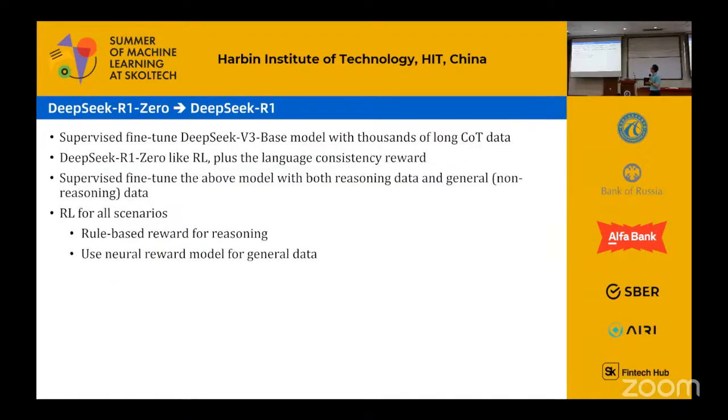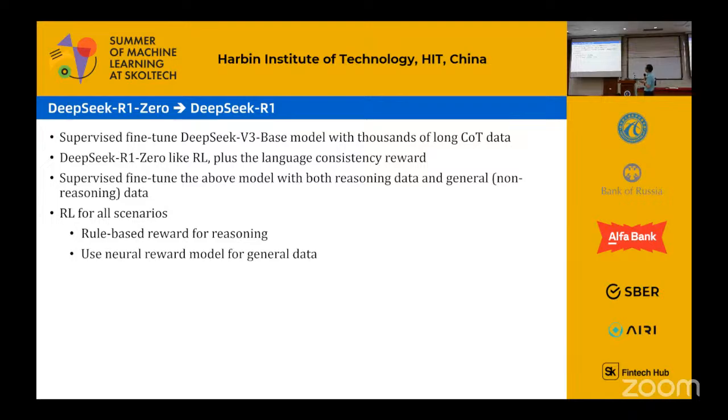Okay. So from DeepSeek R1-Zero to DeepSeek R1, there are several further enhancements. The first one is that it starts from supervised fine-tuning. It fine-tunes the base model with thousands of CoT data. In R1-Zero, there's no such CoT or supervised fine-tuning data. Then after supervised fine-tuning, it uses the same reinforcement learning as R1-Zero plus some language consistency reward.